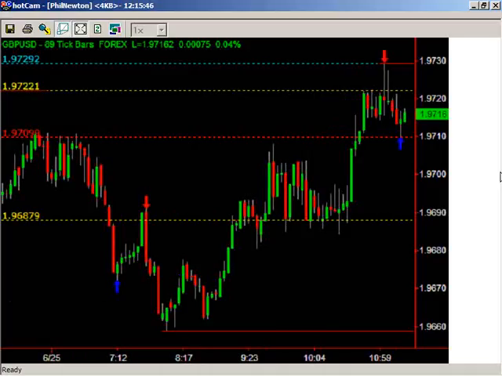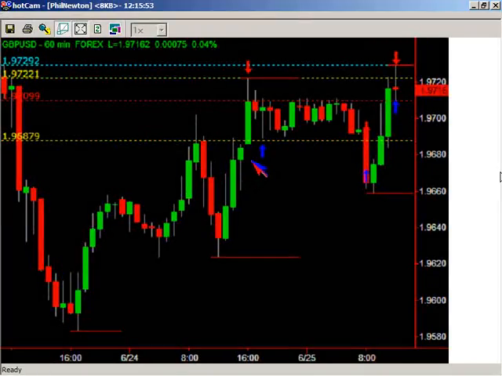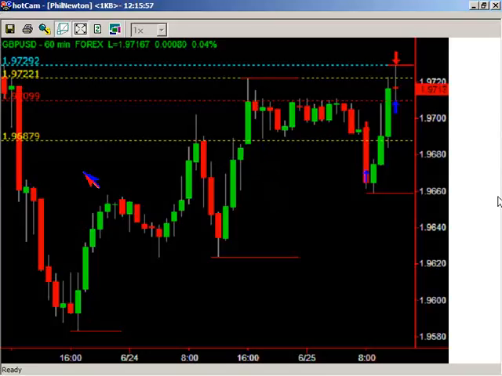So let's just jump back to the 60-minute charts. Right, so does anyone know what an average day's move is on the pound against the dollar at the moment? Just an open question while I set it up.